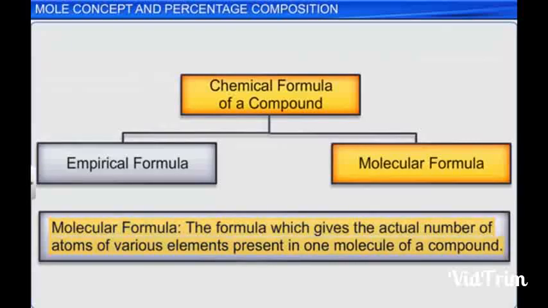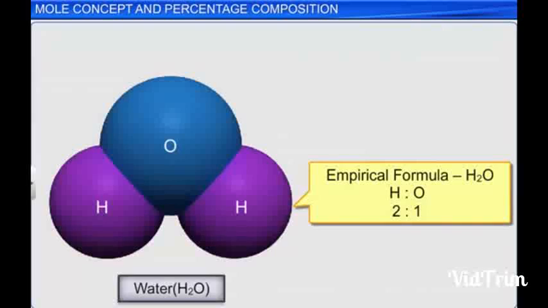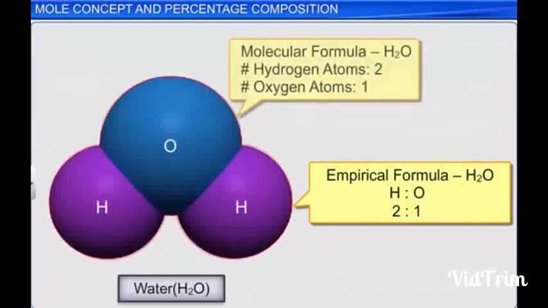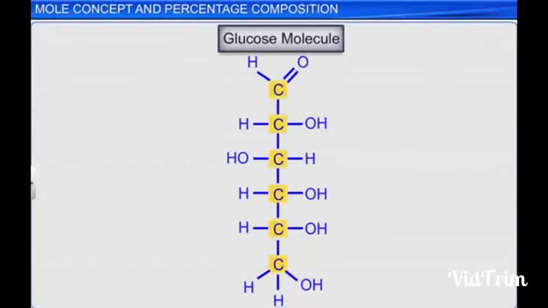In case of water, the molecular formula is H2O, same as the empirical formula, because one molecule of water contains 2 atoms of hydrogen and 1 atom of oxygen. In case of glucose, the molecular formula is C6H12O6.